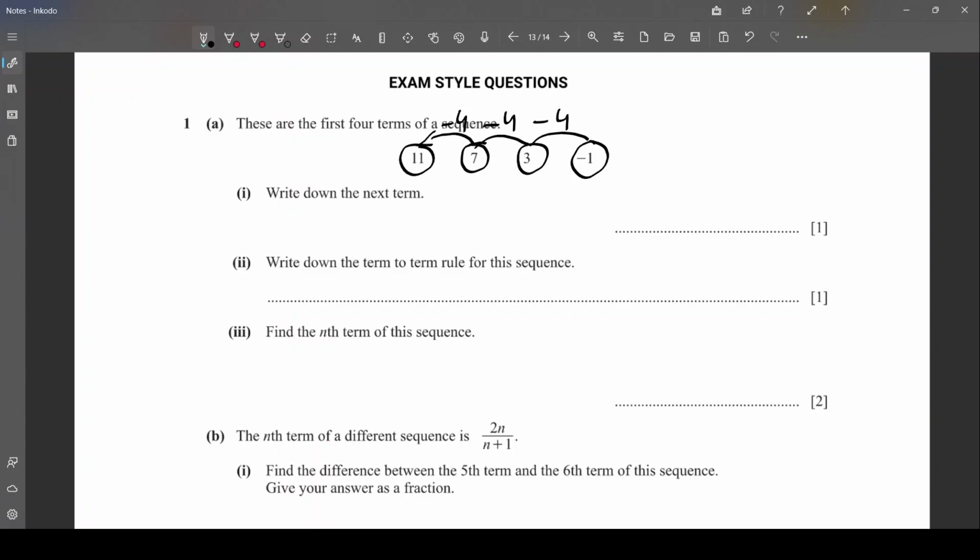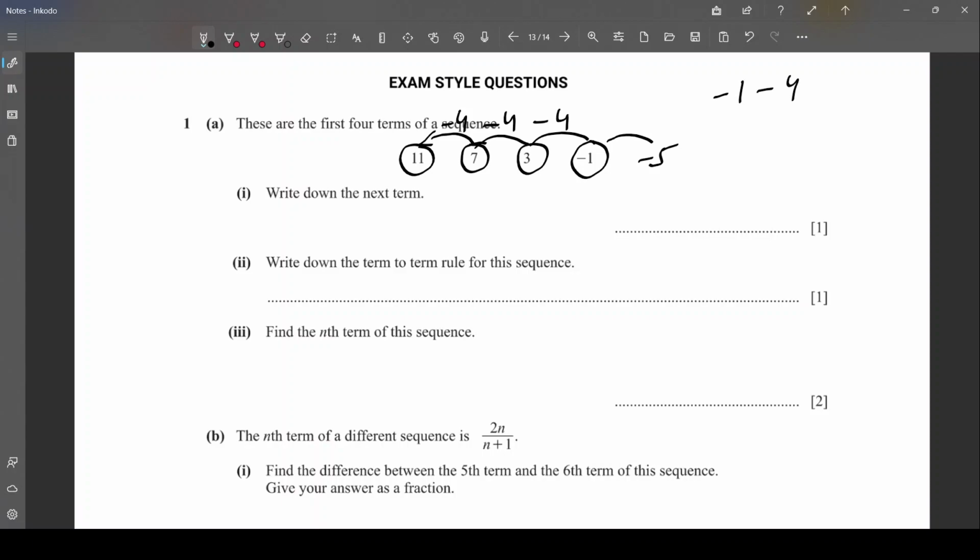And they are asking what is the next term. So what will be the next term? If I take the last term, minus 1, and add the common difference of minus 4, I'll get the next term, right? Because the difference is minus 4. So the next term should be minus 5, correct? Minus 1, minus 4.